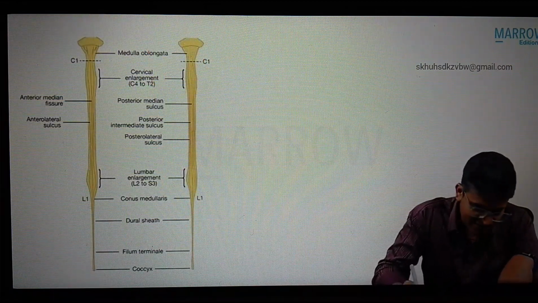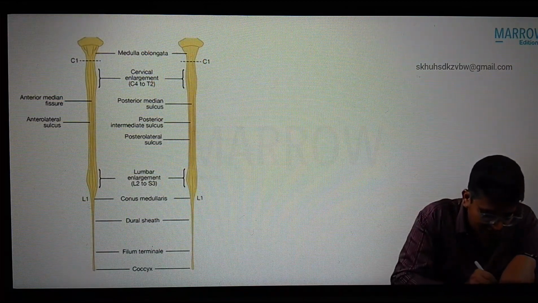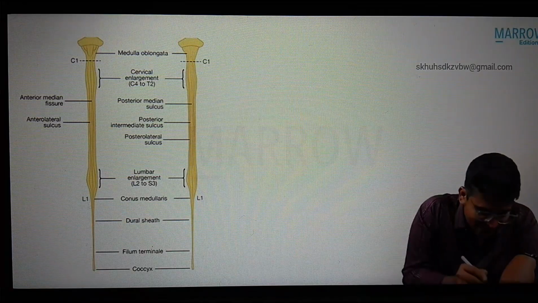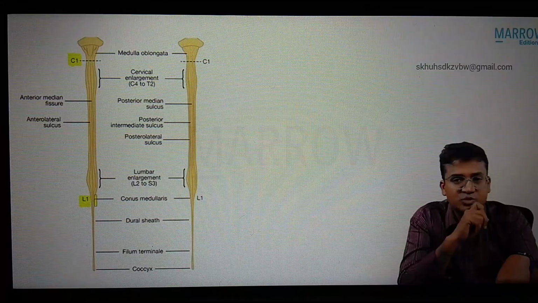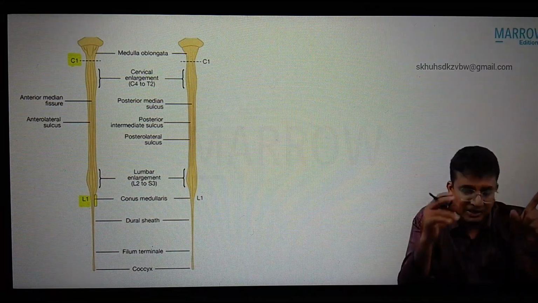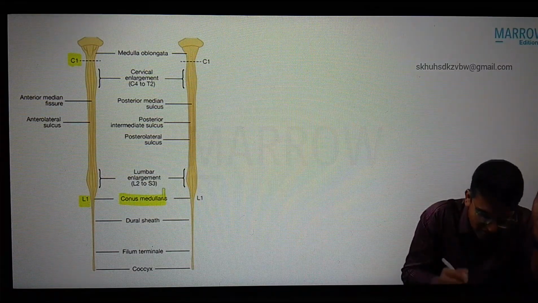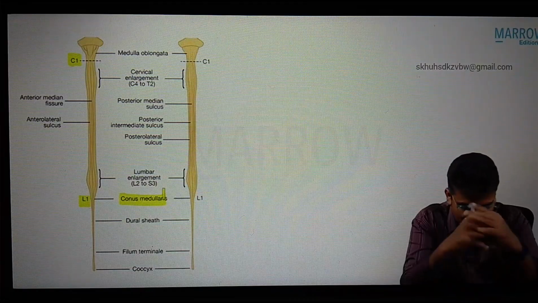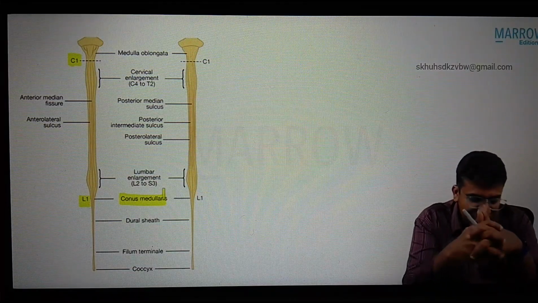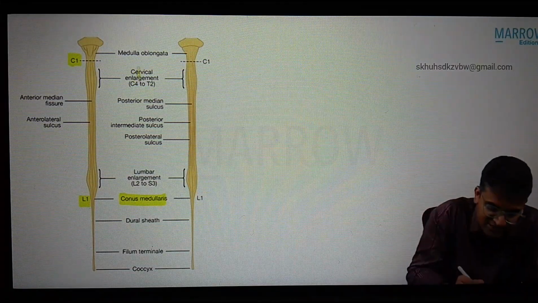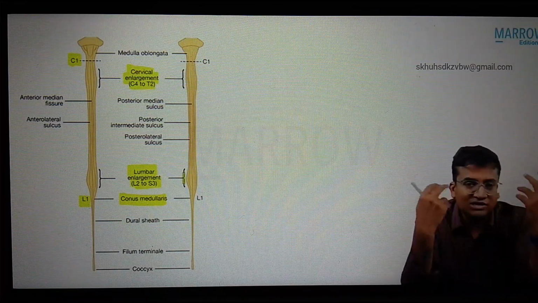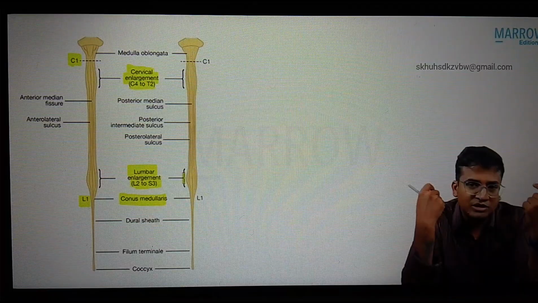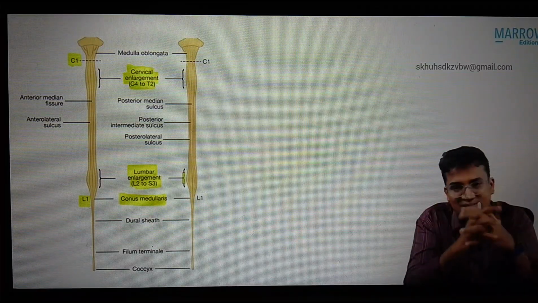Now in this diagram, we are seeing the spinal cord which is extending from C1 and which ends at the lower border of L1. The lower triangular part of the spinal cord is called conus medullaris. Right. Now see the diagram. We are seeing two enlargements, cervical enlargement and lumbar enlargement, which supply the upper limb and the lower limb muscles.